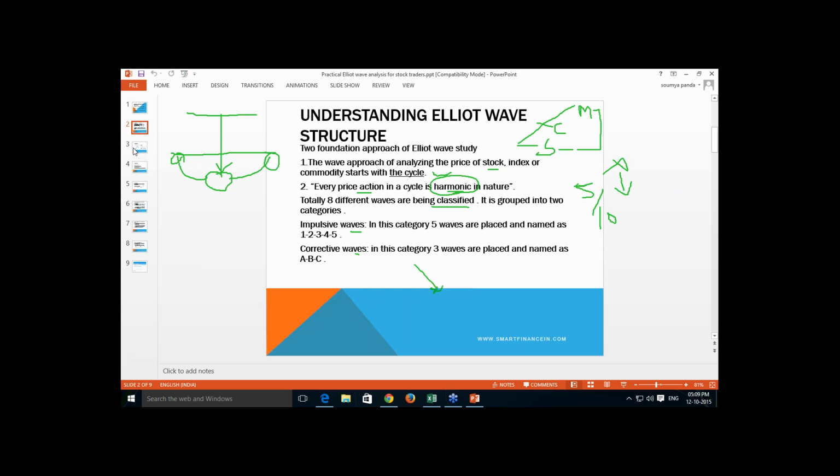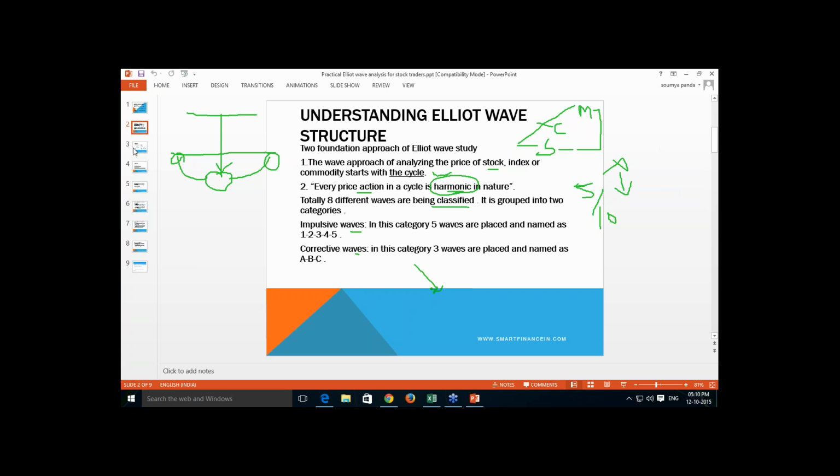Then impulsive is categorized into 5 different subwaves, and Elliott was gracious enough not to give complex names; he gave 1, 2, 3, 4, 5, very easy to understand and remember.